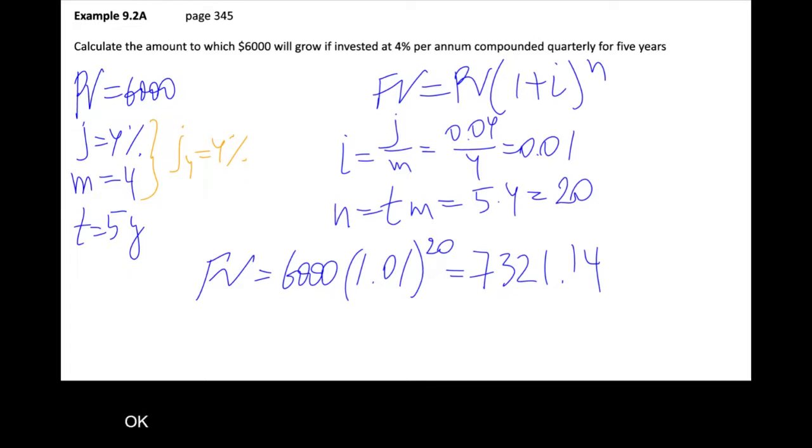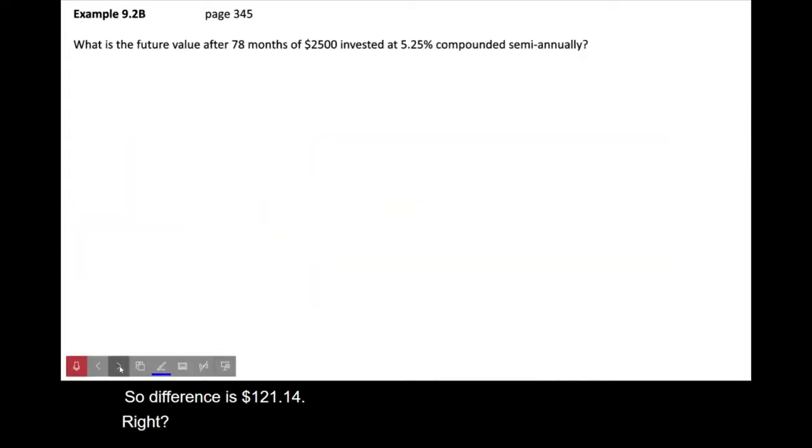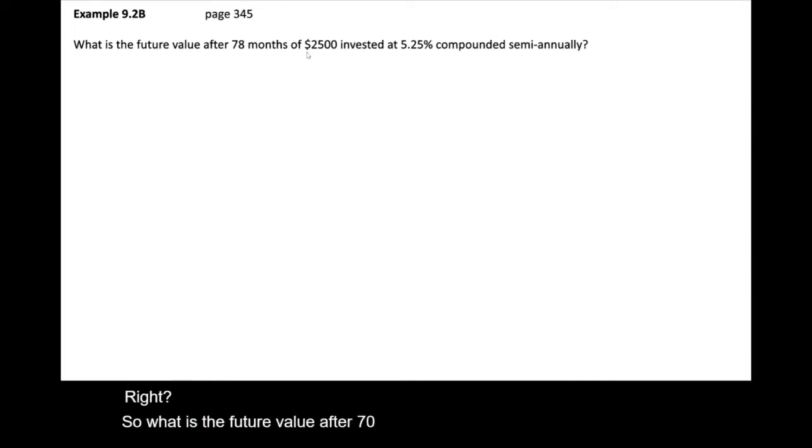So if you compare to simple interest, it is 7,200. So the difference is $121.14, right?